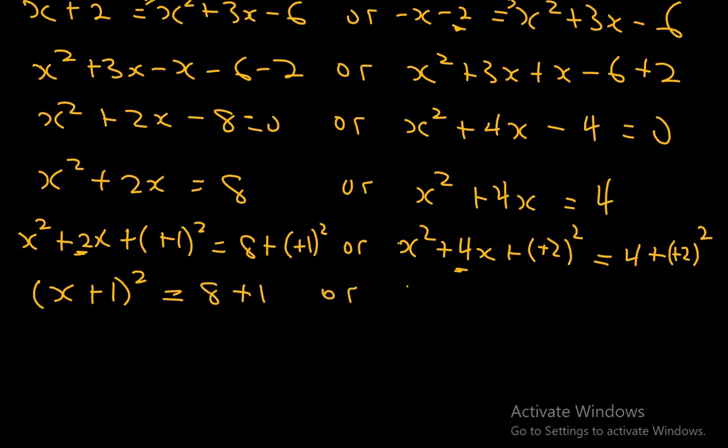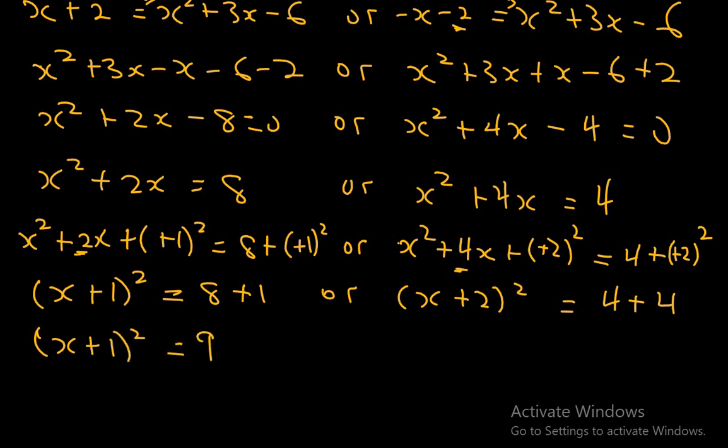Also here, factorize the left hand side, which gives you x plus 2 all squared. Then simplify the right hand side, which gives you 4 plus 4. Simplify further. You have x plus 1 all squared equal to 9, or x plus 2 all squared equal to 8. And you can take the square root of both sides.